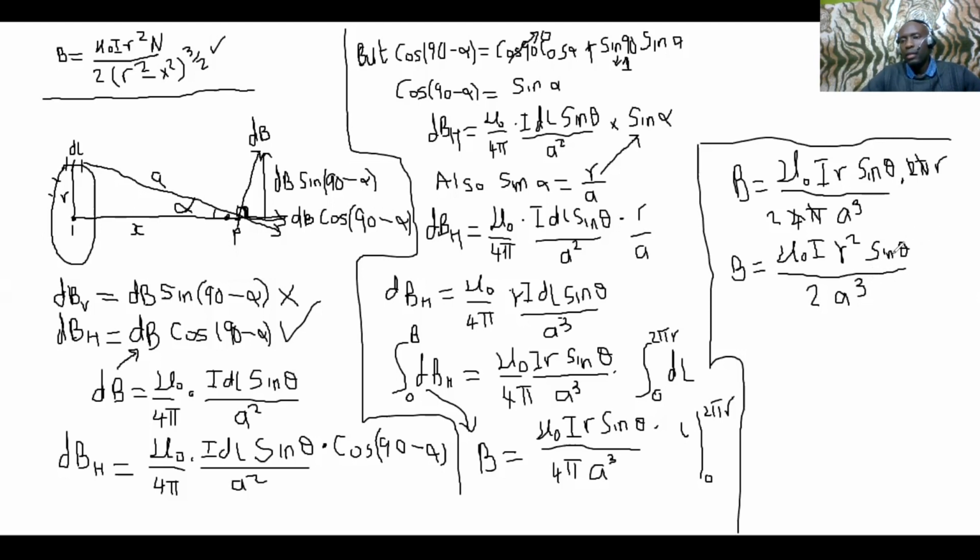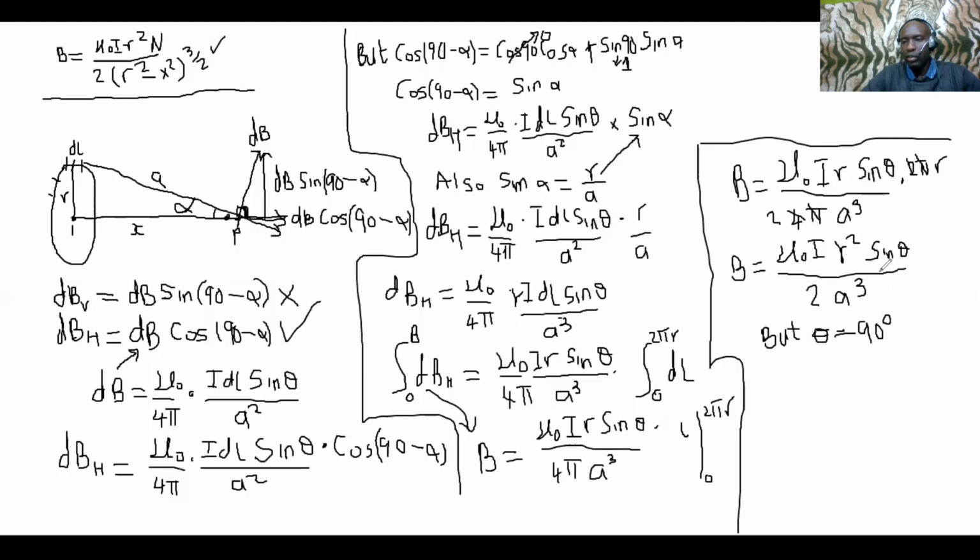Now the angle theta is 90 degrees, because the line joining the small length dl and point P is tangent to that small length. Therefore, the angle theta is equal to 90 degrees.